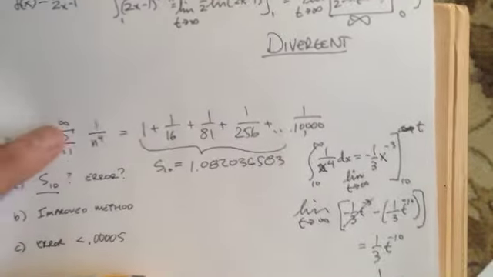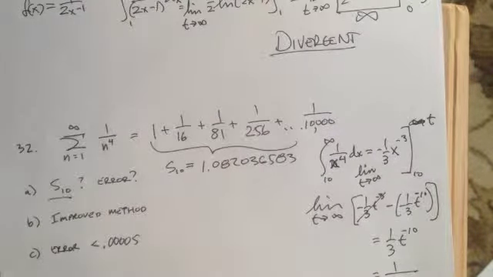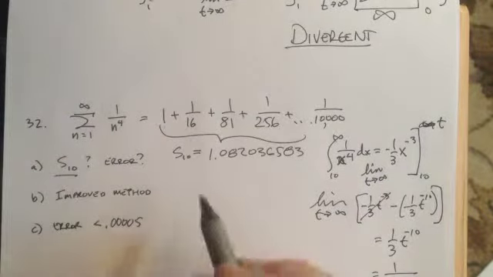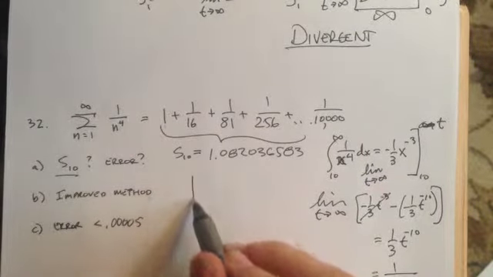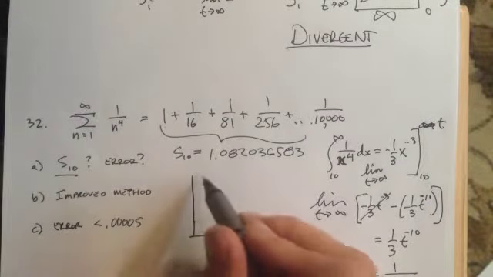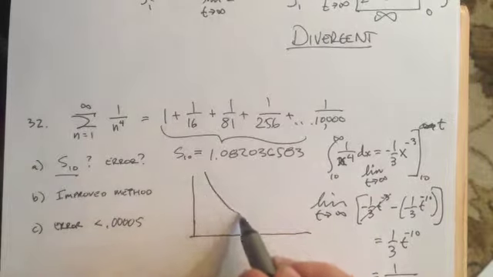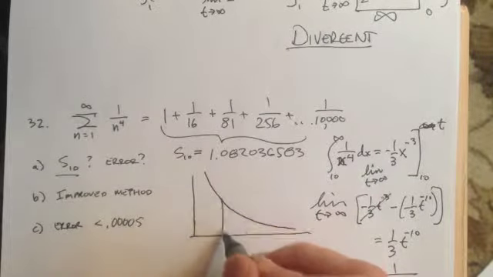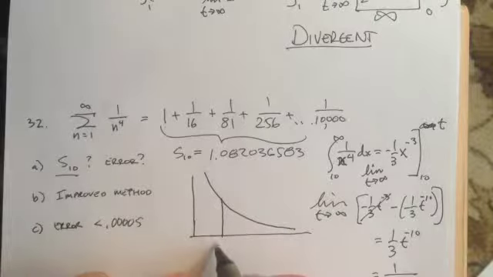Then there is an improved method, and the improved method is worth spending a little bit of time to think about. I think the book does a pretty good job, but I think it needs some explaining. If we have something that is decreasing like this, and we stop it, say visually, there, suppose that's our sum up to our 10th term.